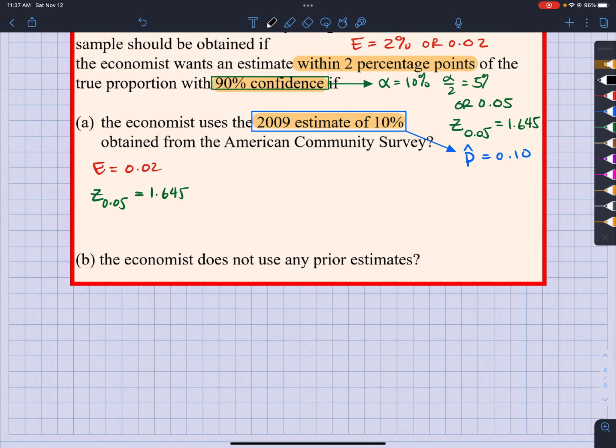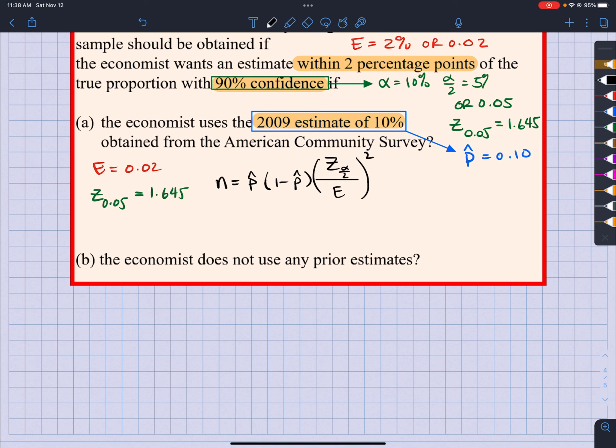So in this case, n, the sample size, is equal to p hat times 1 minus p hat times z of alpha divided by 2, divided by e, squared.